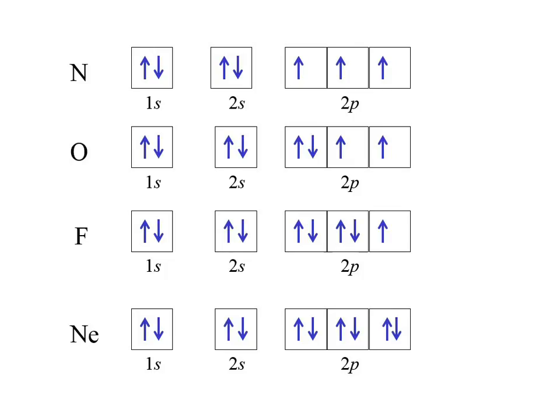Not only that, but all rare gases have a generic kind of end to their electron configuration. That is what we call generically ns2 np6, where the superscript 2 for the s means I've got 2 electrons there, and the superscript 6 for the p means I've got 6 electrons there.